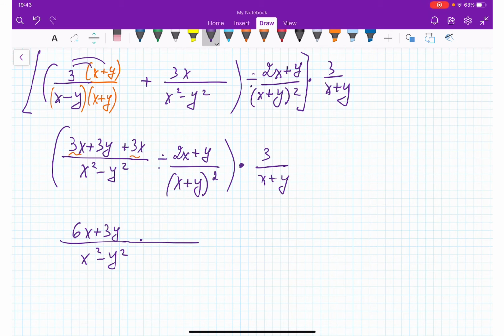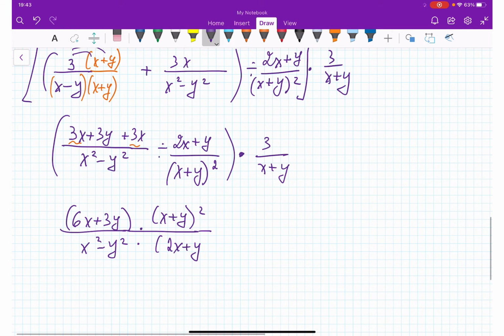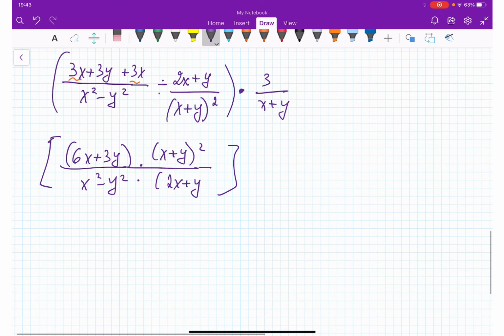Which means this x plus y squared comes here, and 2x plus y comes to the bottom, right? Back to square bracket, and times 3 over x plus y. So let's open here some formulas so we can simplify. First of all, 6x plus 3y, I can take common factor 3, and I'm getting 2x plus y.